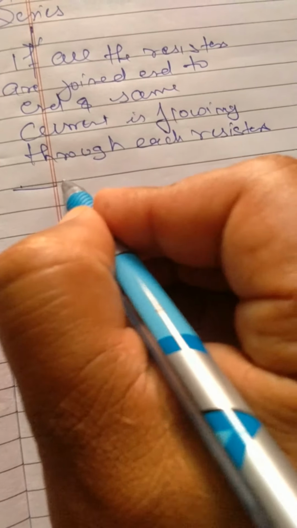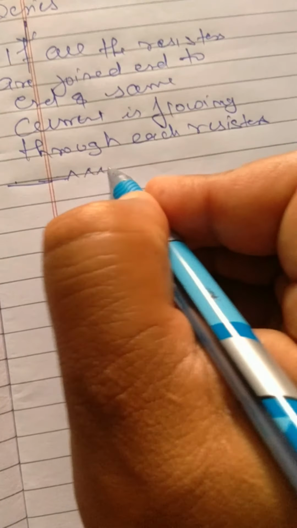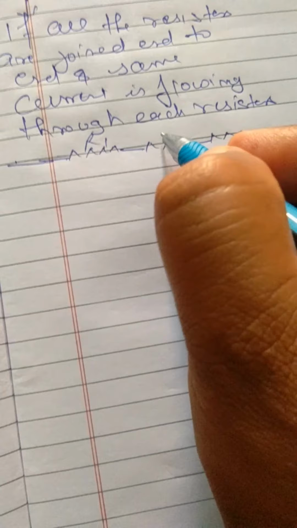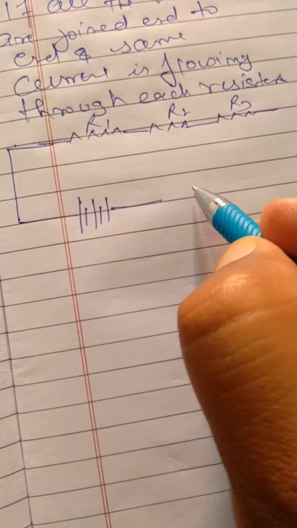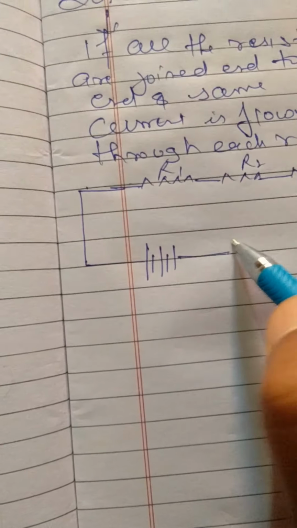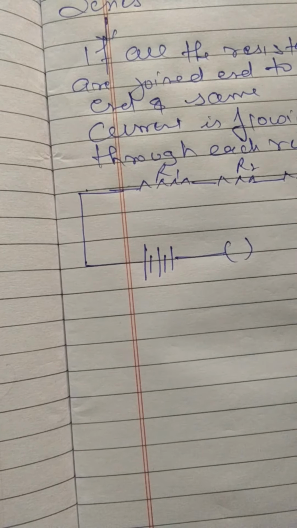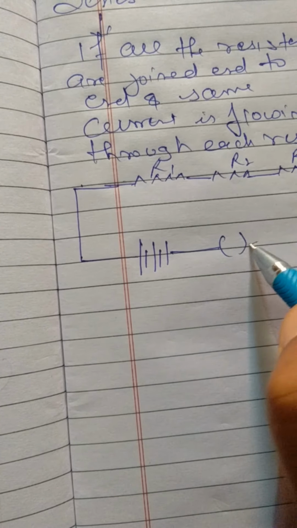Let us suppose this one. Here we are taking the example of 3 resistors, R1, R2 and R3. This is your battery, this is your switch, this is your ammeter, positive negative.